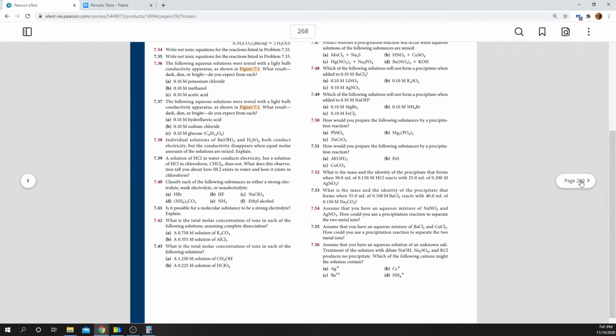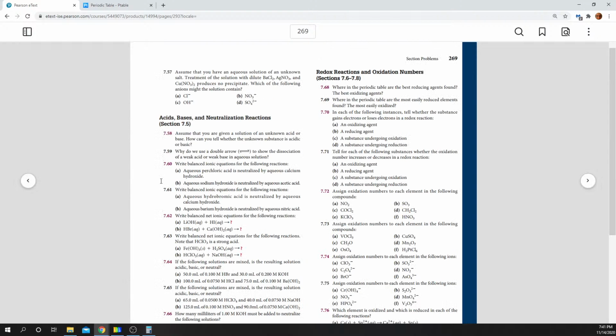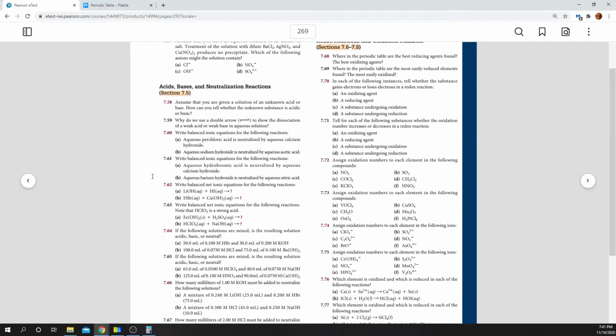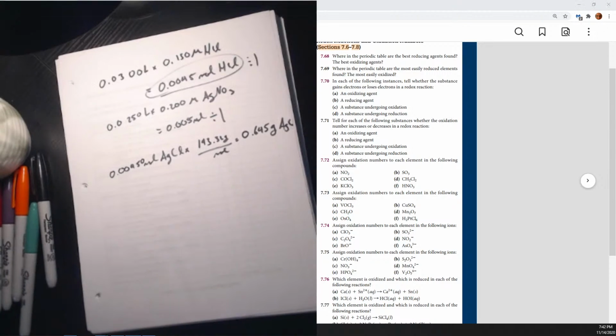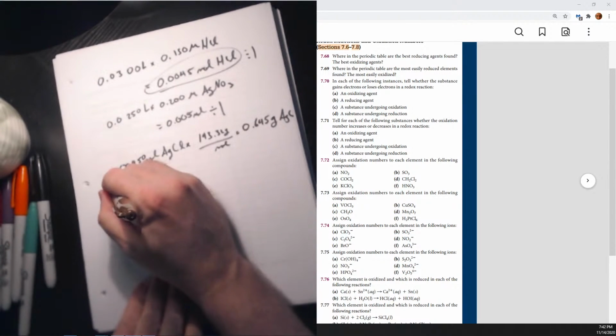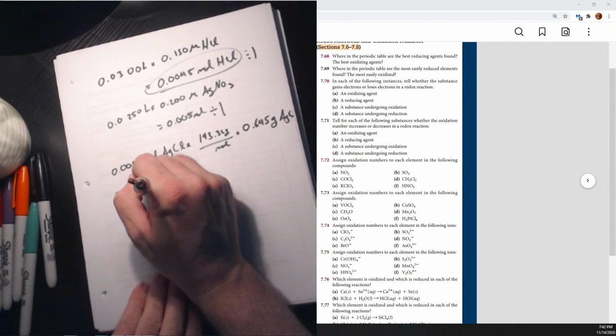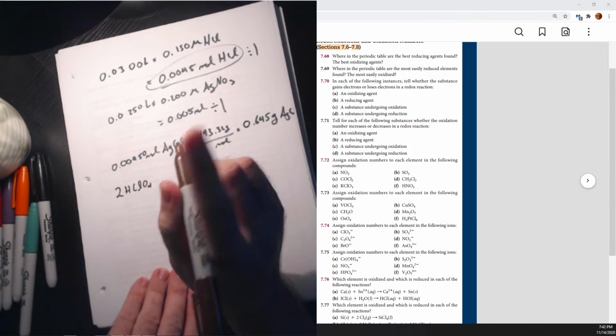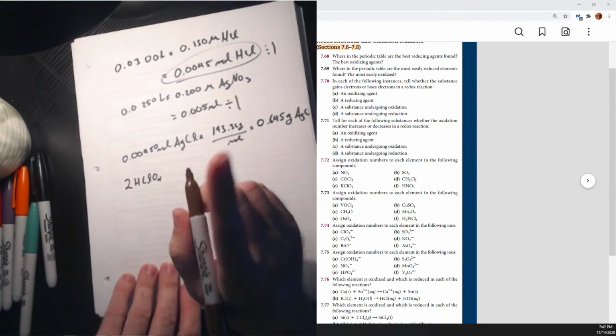All right, problem 60. Write the balanced ionic equations for the following reactions. Aqueous perchloric acid is neutralized by aqueous calcium hydroxide. So, that's easy enough. Perchloric acid and calcium hydroxide. Oh, they wanted ionic equations, not molecular equations.